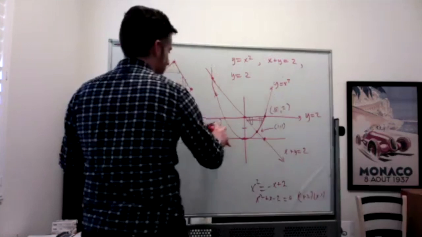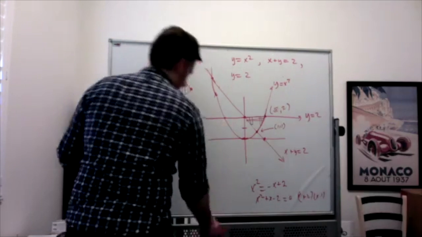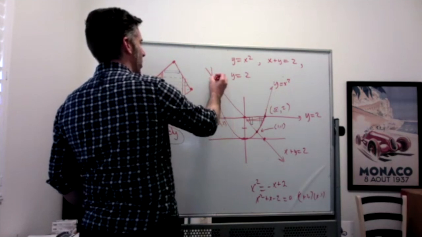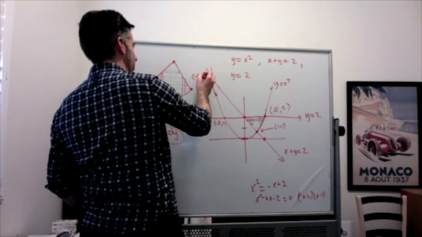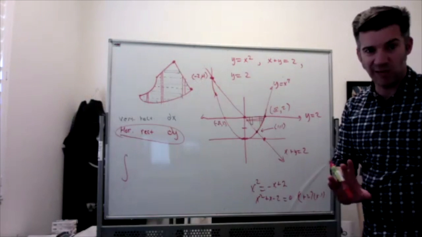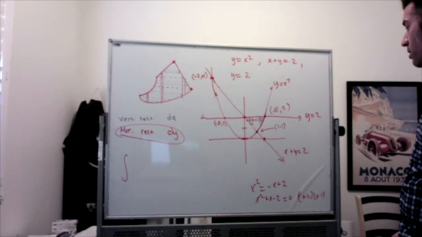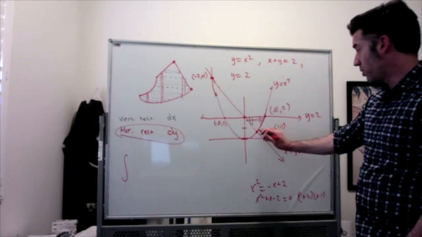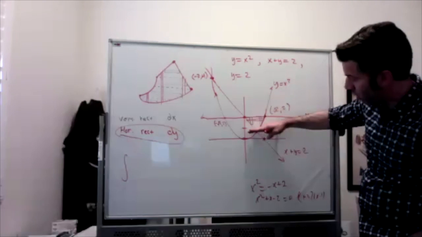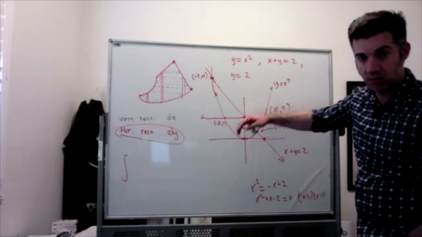Similarly, this is not the point negative 2, 4. This is the point negative root 2, 2. This point up here is the point negative 2, 4, where the graphs would intersect again. So this point here of intersection is 1, 1. So these horizontal rectangles go as low as 1, as high as 2.